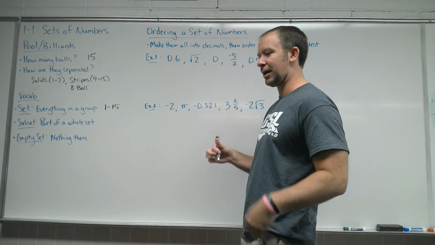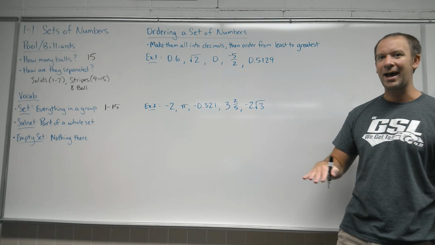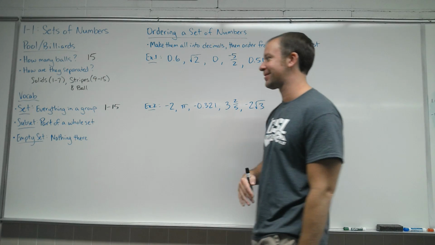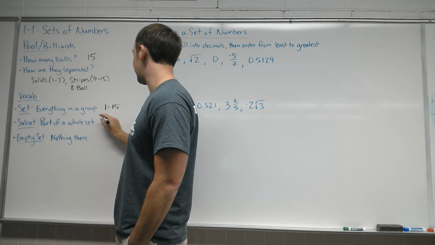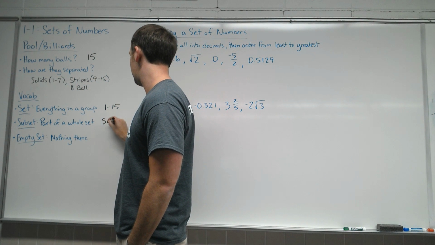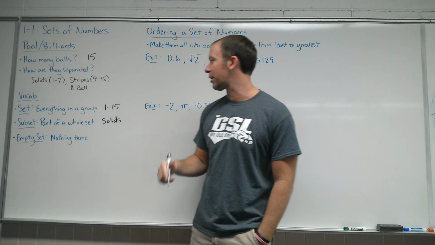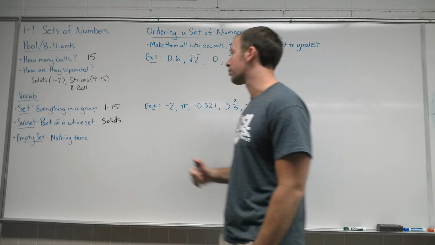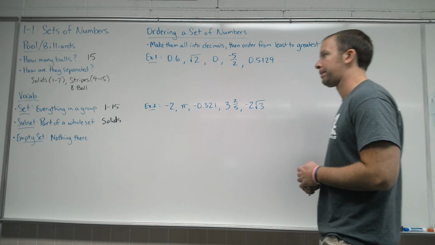You don't just take out the cue ball and start trying to knock every ball into the pockets you can. That's not how most pool games are played. You try to get part of them in. So maybe you're the solids. Your goal is to knock in the solids. The solids are a subset of the whole thing. That's part of the whole group. So a subset is just a piece of the whole thing.